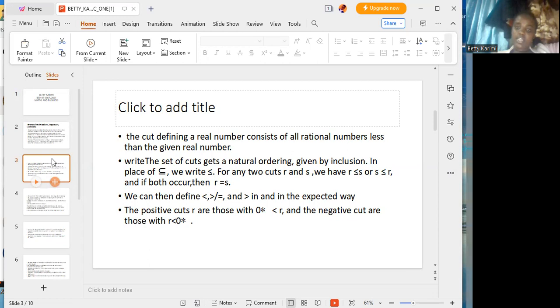For any two cuts R and S, we have R less than or equal to S, or S less than or equal to R. And if both occur, then R is equal to S. We can then define less than, greater or equal to, and greater than in the expected way. The positive cuts are those with 0* less than R, and the negative cuts are those with R less than 0*.